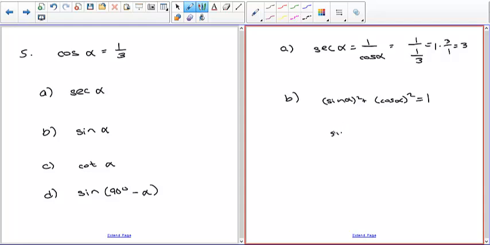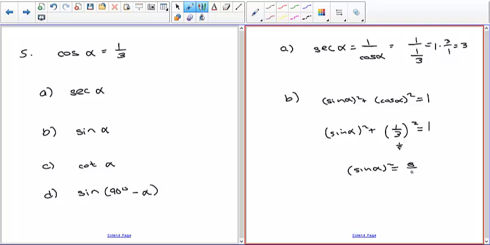So we get the sine of alpha squared plus 1/3 squared equals 1. 1/3 squared is 1/9. So we're going to subtract. 1 minus 1/9 is 8/9.